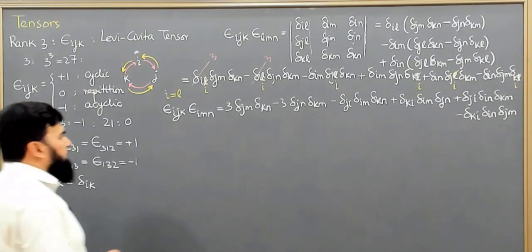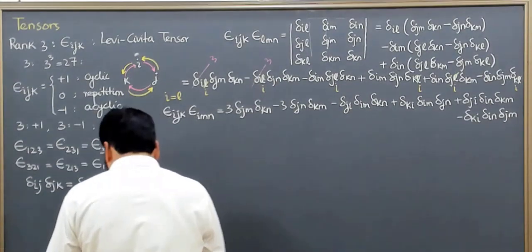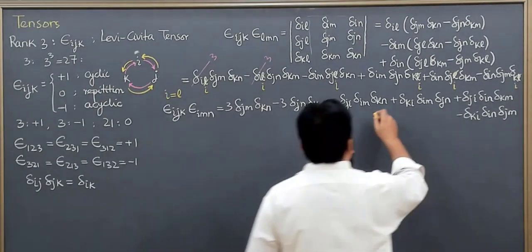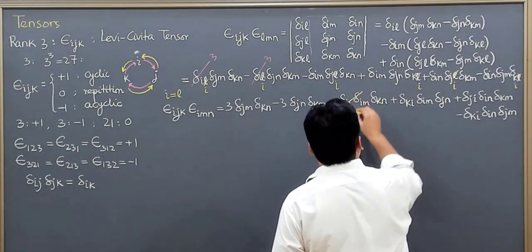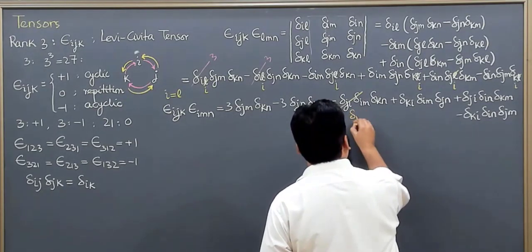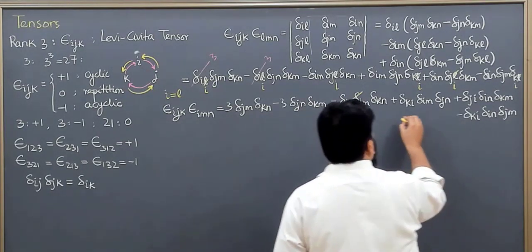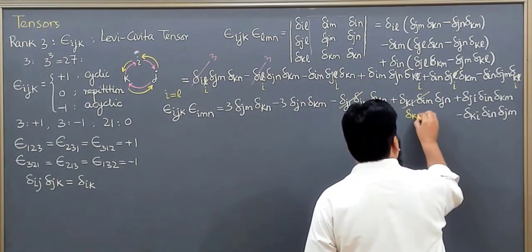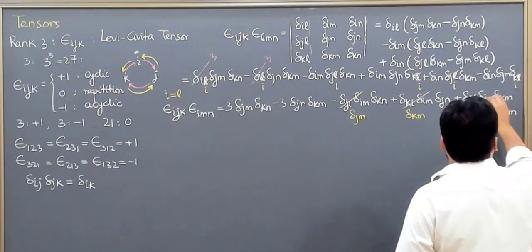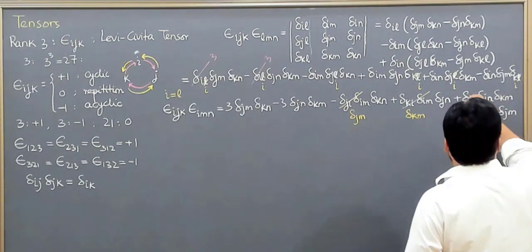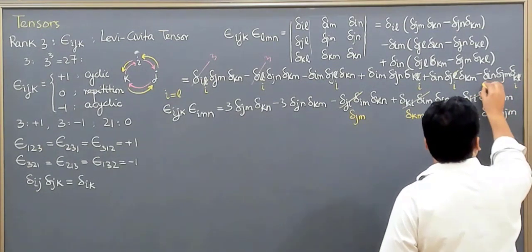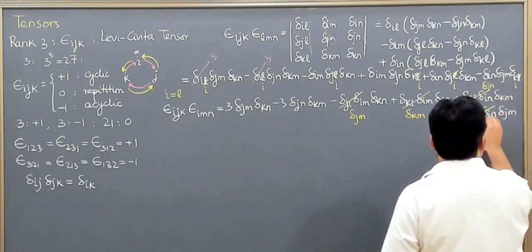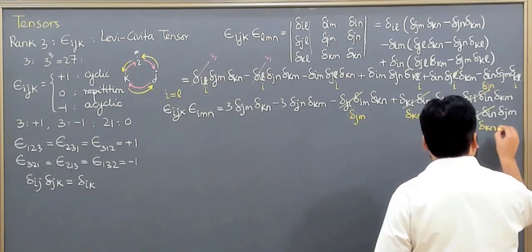So I will use this identity here, and these two will turn into delta JM, these will turn into delta KM, this will turn into delta JN, and this will turn into delta KN.